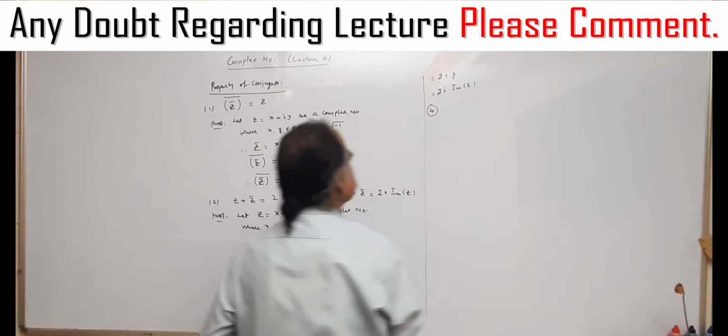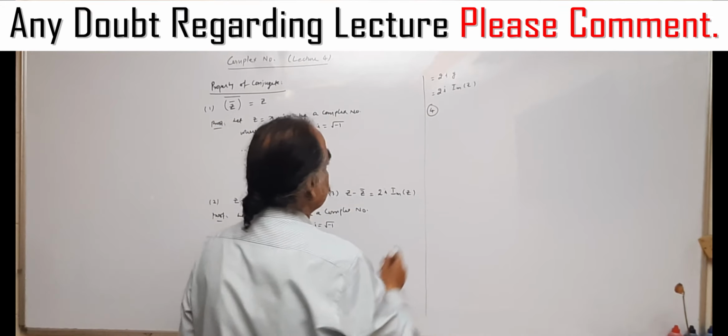So z minus z conjugate is 2 times the imaginary part of z.